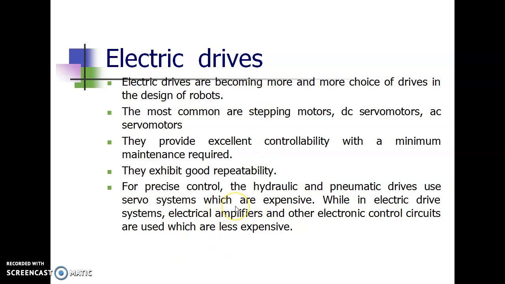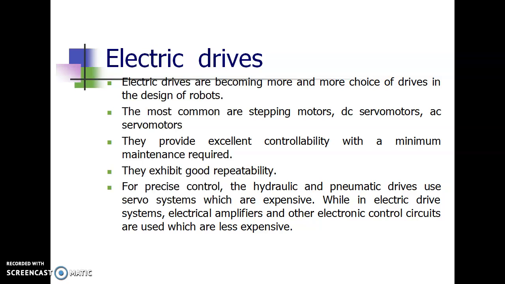So again, if you go for very precise control and want better repeatability, in the hydraulic and pneumatic systems we can use servo systems. There also we can use closed loop systems, but those systems are very expensive when we compare them with electrical drive systems.